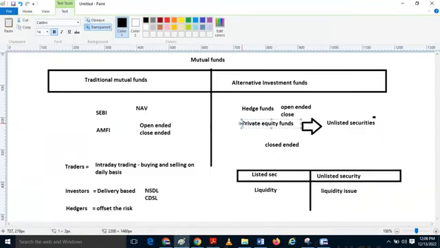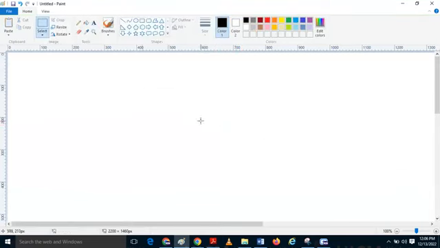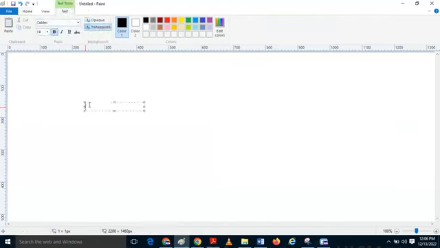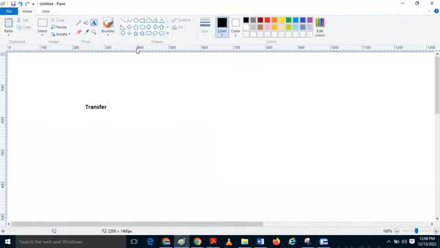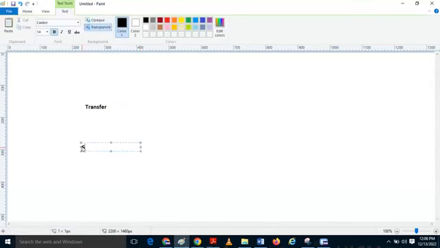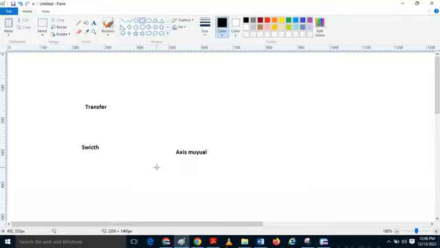There are two types of things happening over here: transferring and switching. Suppose there is an Axis mutual fund. Axis mutual fund has different schemes: pharma scheme, index scheme, banking scheme. These are different types of mutual funds of the Axis mutual fund.